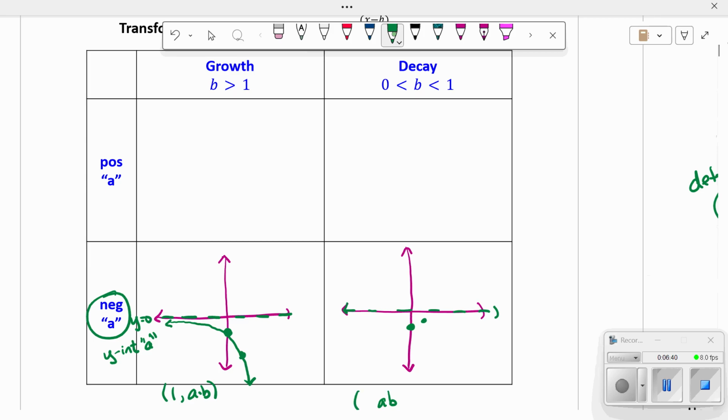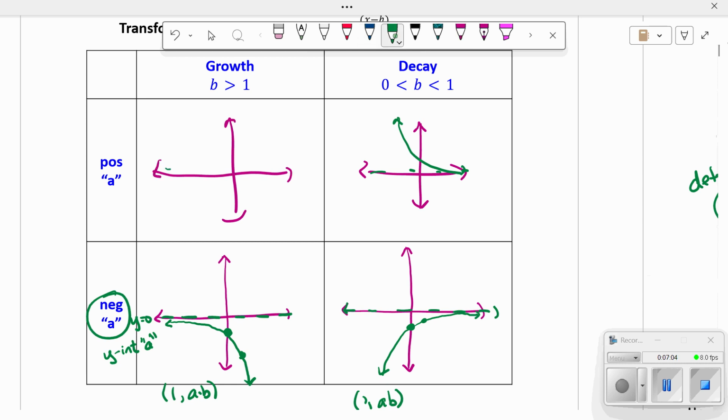So 1, a times b, I end up closer to the asymptote. And it flips this way. So your main things from this page are knowing these 4 shapes.